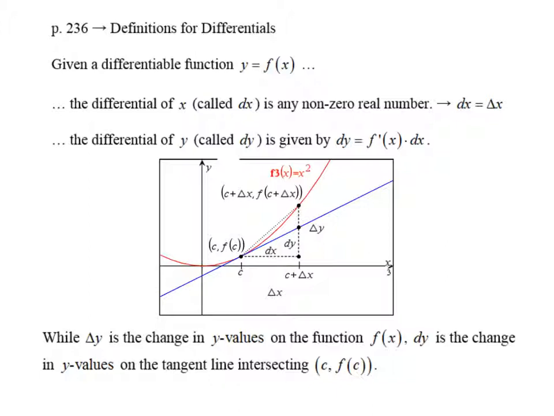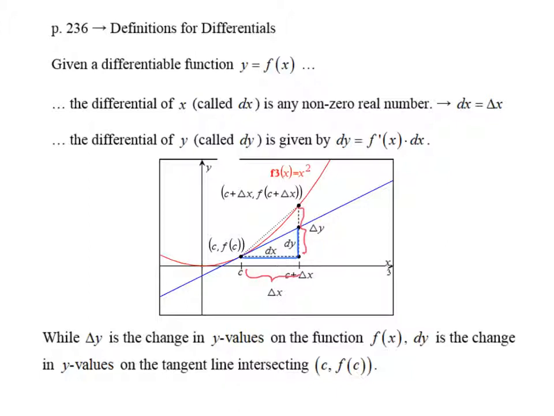Please keep in mind that dy is not the same thing as delta y. Here's delta y, and if we want to mark dy's length, I'll just draw in the blue segment. So they are not the same thing, even though delta x and dx are. Here's dx and delta x, they are the same length.